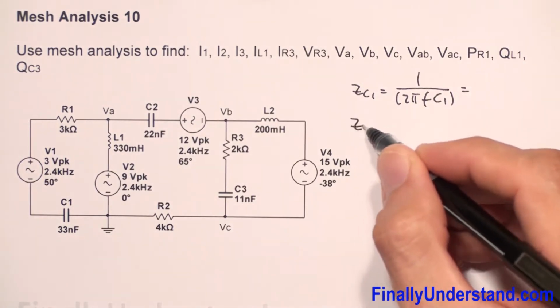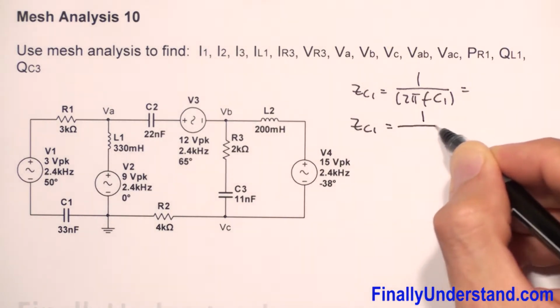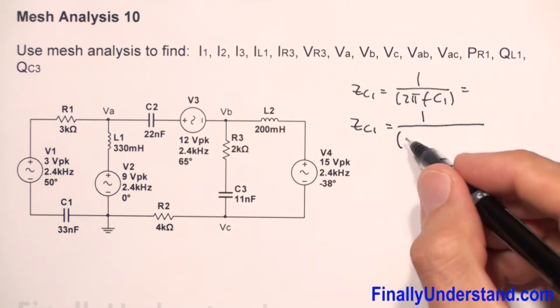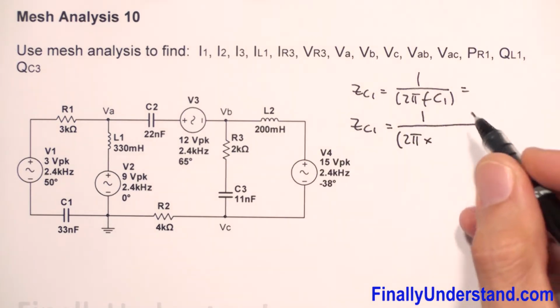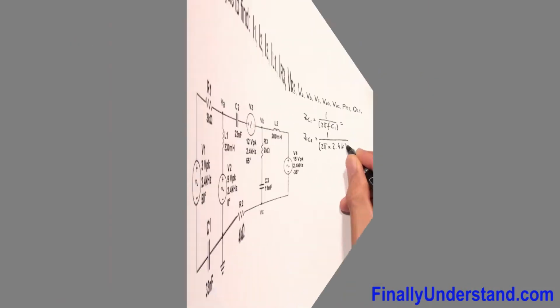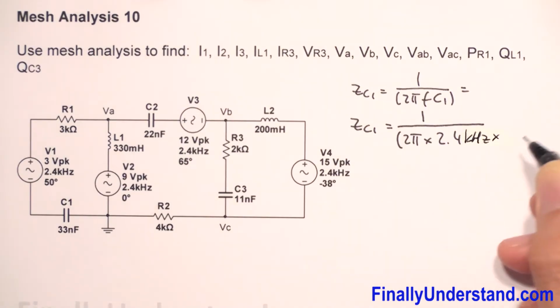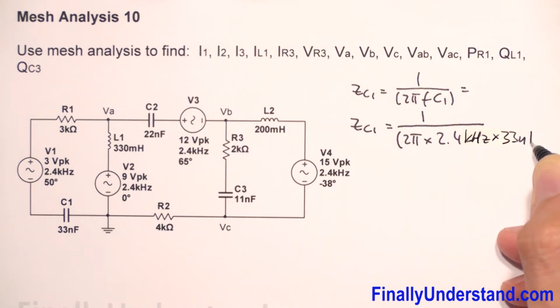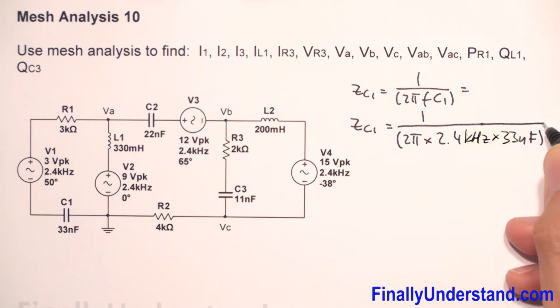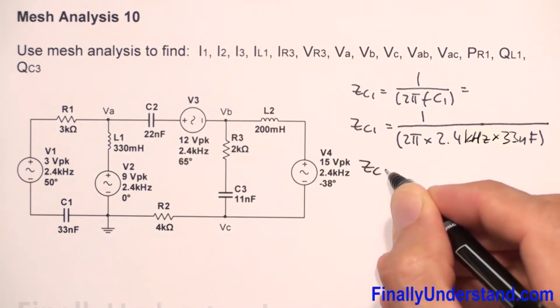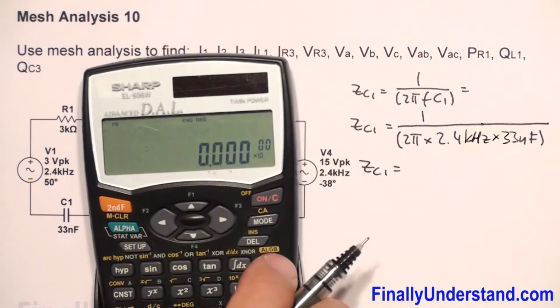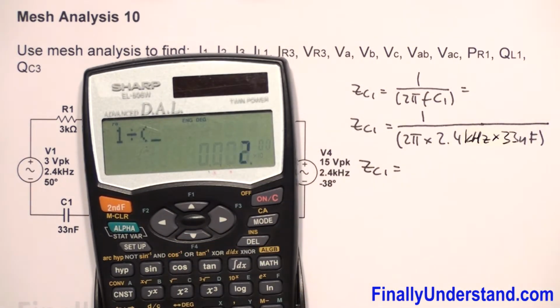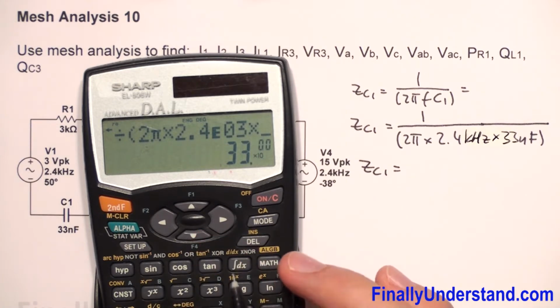So I have ZC1 is equal 1 divided by, open parenthesis, 2 pi times the frequency, which is equal 2.4 kilohertz, times the capacitor C1, which is equal 33 nanofarads, close parenthesis, and this is equal ZC1, 1 divided by, open parenthesis, 2 pi times 2.4 exponent 3 times 33 exponent 9 negative.